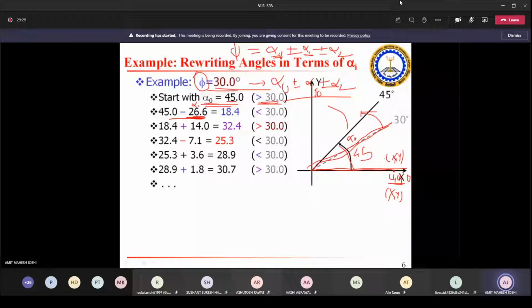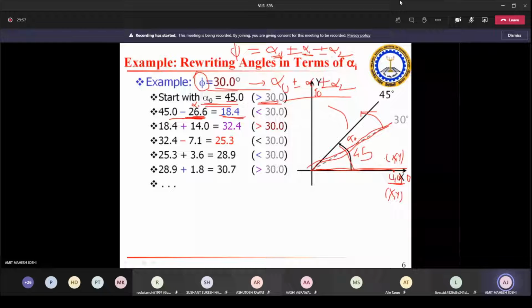If that subtraction value is positive, which happens only when this 45 is greater than your 30, then the next alpha value is always negative. So now this is alpha 1. I am considering 45 minus 26, which will give me 18.